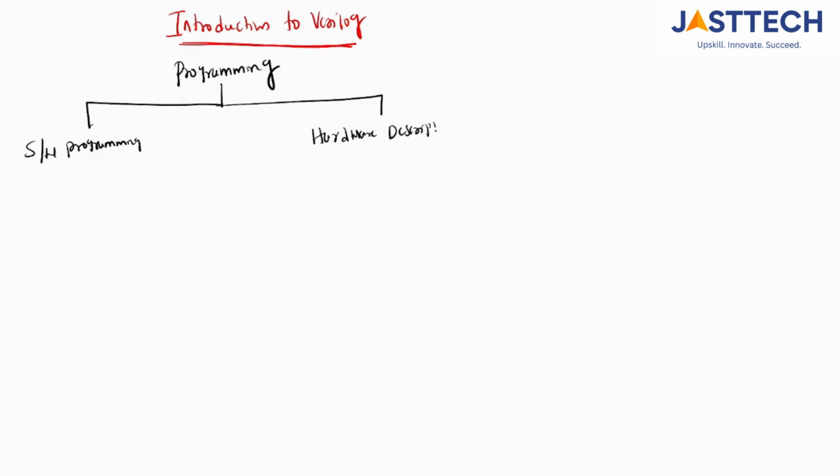Software programming languages are like C, C++, Java, and Python. These are nothing but software programming languages.